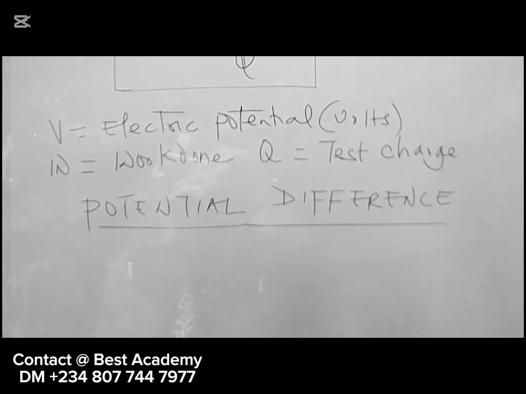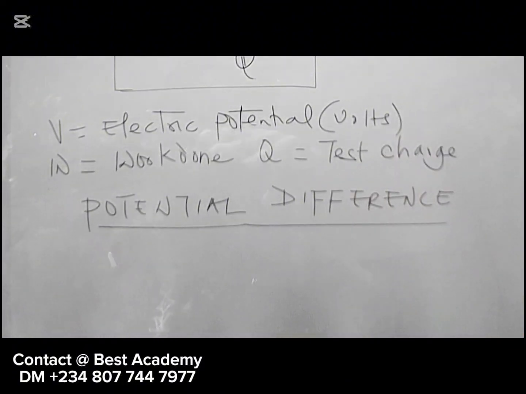So this is what you should understand between potential difference and electric potential. The formula for electric potential is the same as for potential difference. The only thing you have to know is that you express potential difference as the difference of electric potential. Let me try to make you understand this.